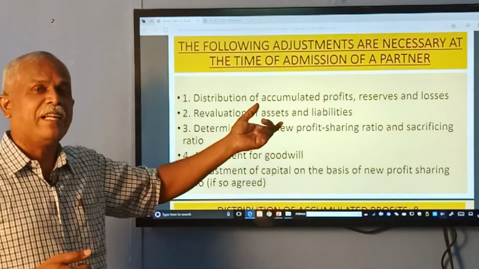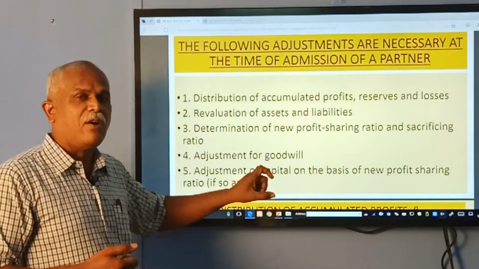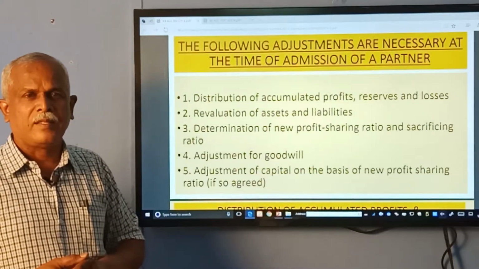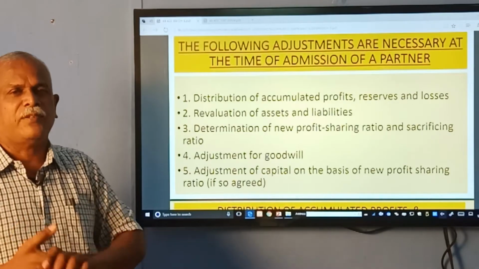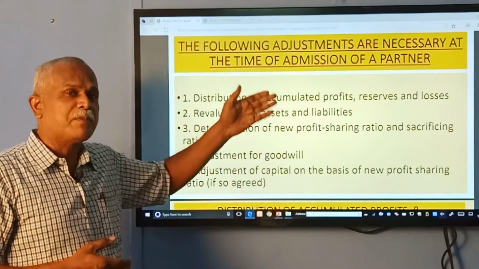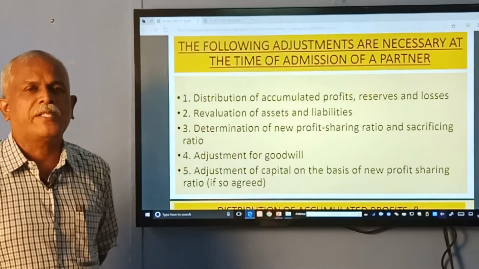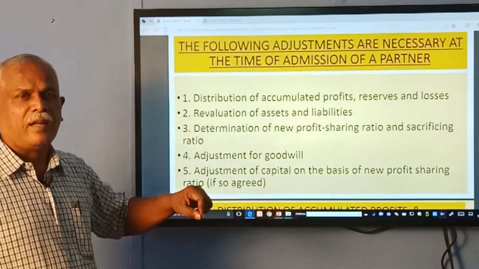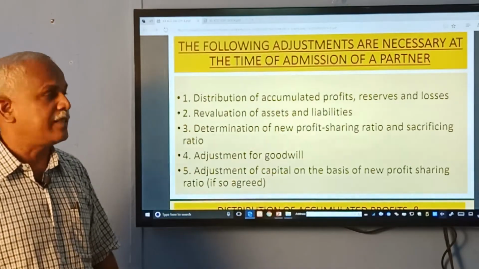So, their capital is also adjusted on the basis of the new partner's capital. Excess money may be transferred to their personal accounts. Such are the problems faced at the time of admission of a partner. So, let us see one by one how each thing is dealt with.